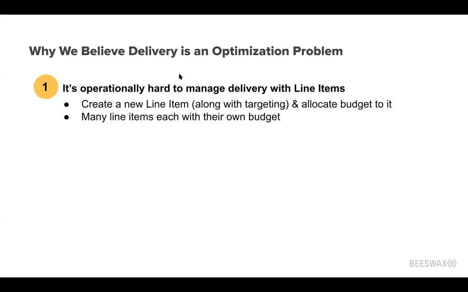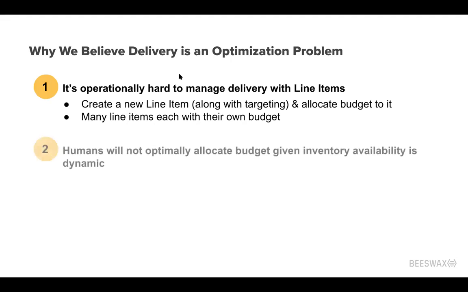So what you typically do is, if you want to control delivery, you create a new line item with some subset of your targeting, and you allocate budget to it, and you do that over and over. And so what you end up having is many line items, each with their own budget. And with things like managing frequency caps and other things, this becomes operationally burdensome.